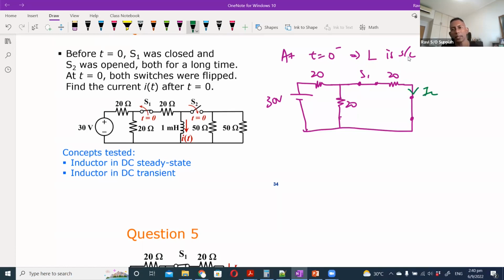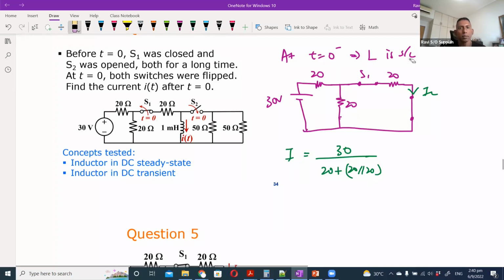So this is basically nothing more than a simple DC circuit, correct? If you look at it, the total current through this circuit is 30 over 20 plus 20 parallel to 20. So that will be the total current that comes out. I'll call this I. And then iL would be a current divider rule.